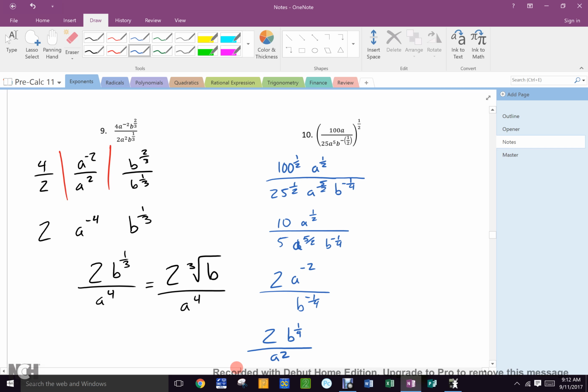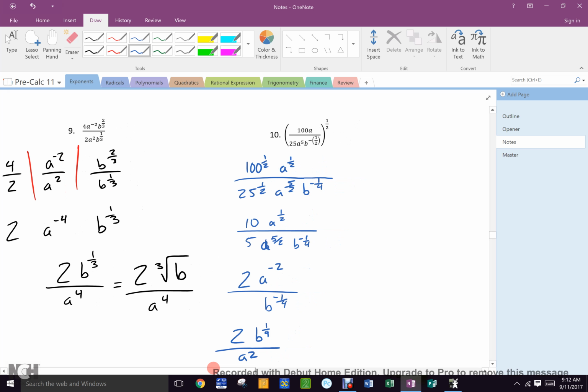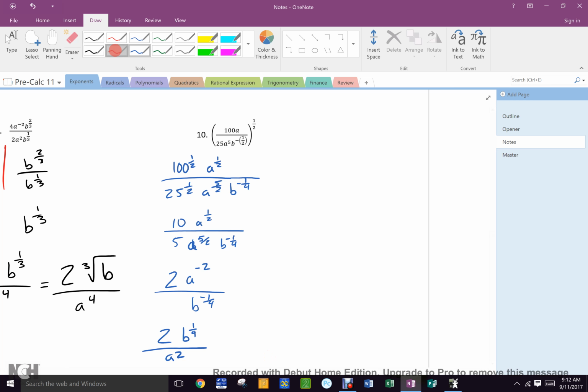Then I'm going to call everybody's attention back up to the front and make sure everybody understands both.